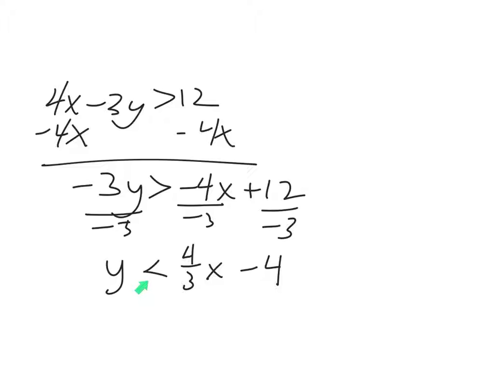Because this is less than, and it's in slope-intercept form, which side of the line am I going to shade? Above it or below it? Below. So when it's less than or equal to, when it's in slope-intercept form, you shade below. But notice here, if you would have decided from the beginning that you were going to shade above because this is greater, you find out down here that would have been wrong.